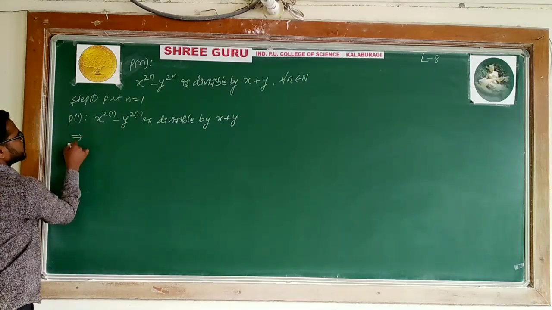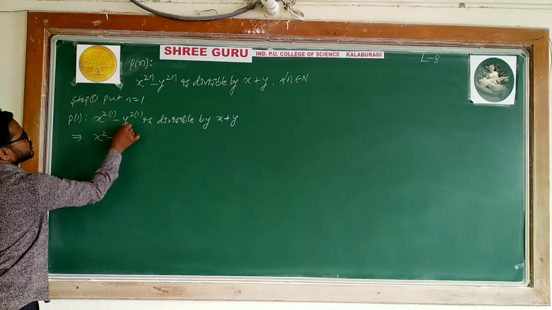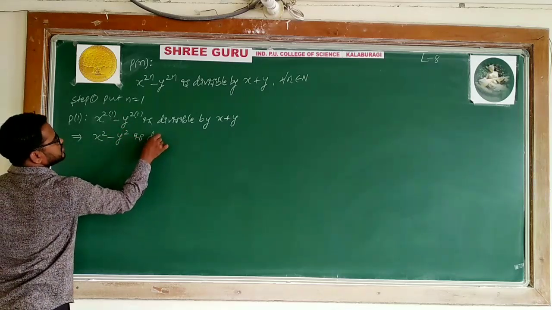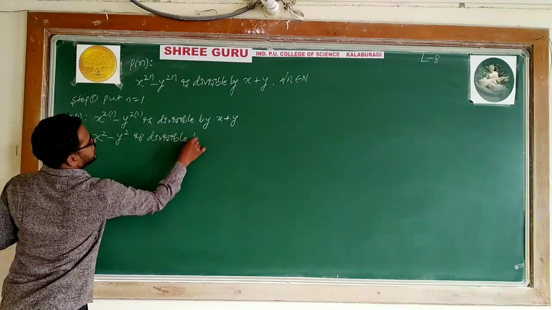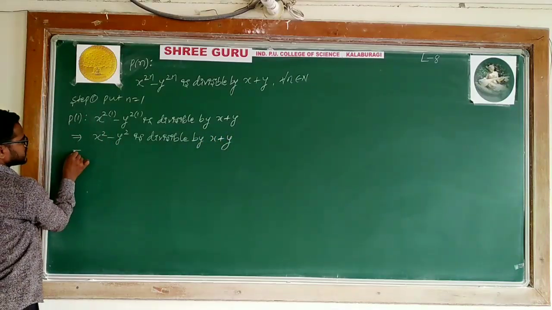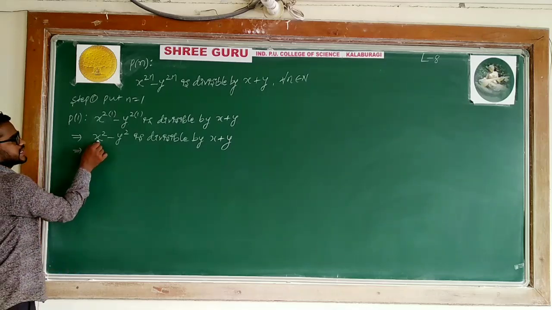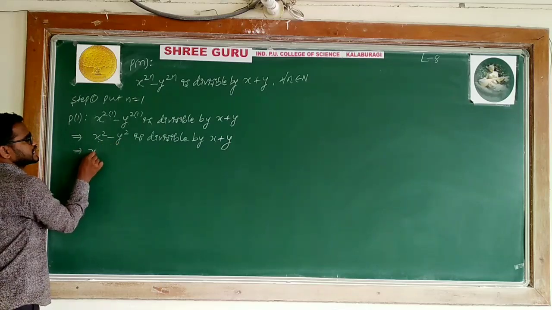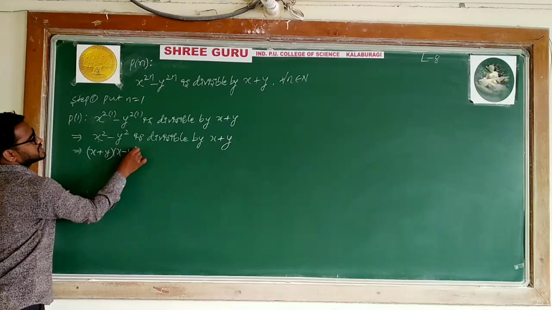Now it is x to the power 2, that is x square, minus y square, is divisible by x plus y. Listen to me. Here I can write x square minus y square as x plus y into x minus y.